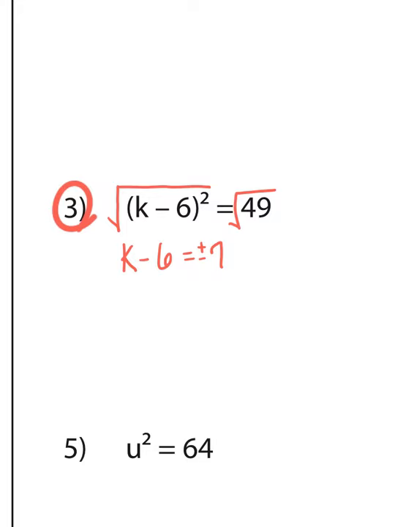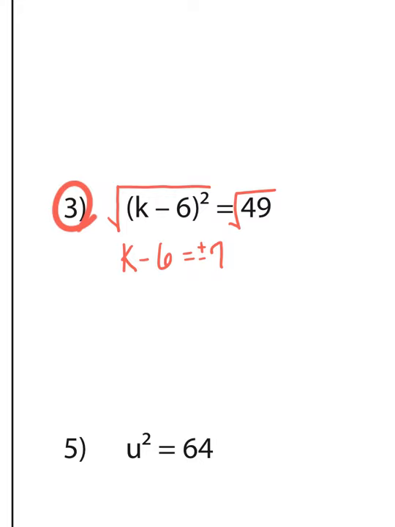Okay? We've been doing the plus or minus, but we have typically waited until the end to put that in. We're kind of changing the rules up a little bit here just to get rid of the parentheses. So we're going to get rid of the parentheses by taking the square root of both sides. And we get k minus 6 equals plus or minus 7.